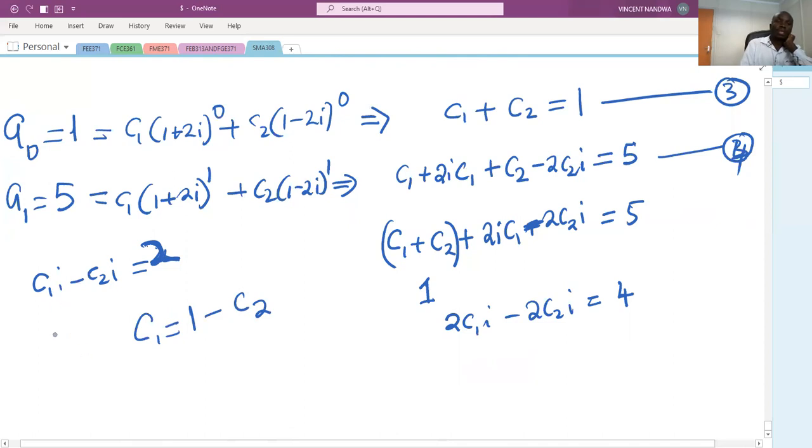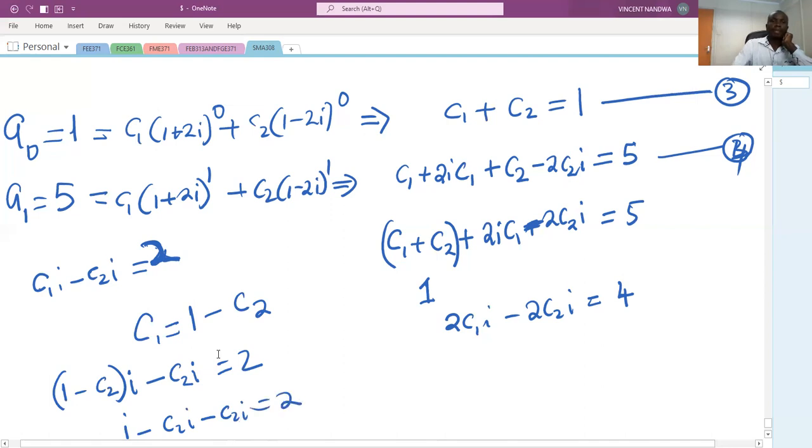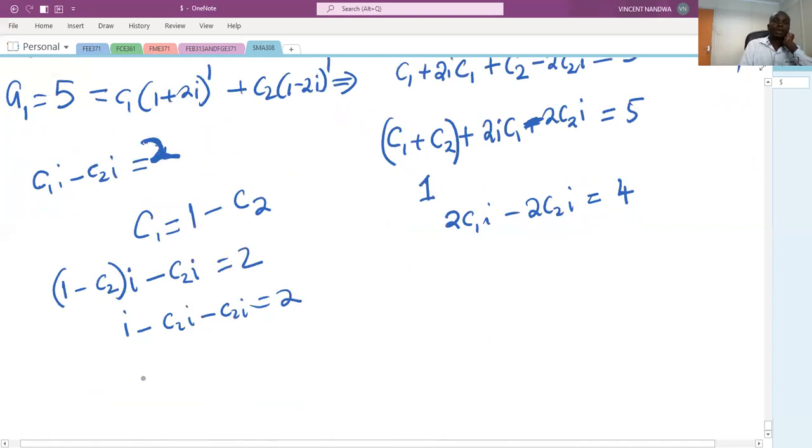So when I say (1 minus C2) times i, I'm replacing C1 by this, then minus C2i is equal to 2. So this would be i minus C2i minus C2i equals 2, which will give me minus 2C2i equals 2 minus i.